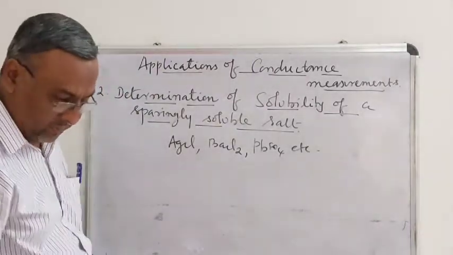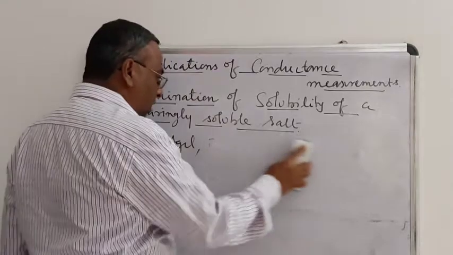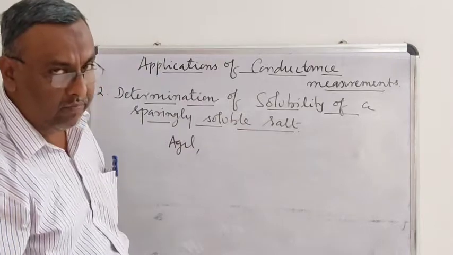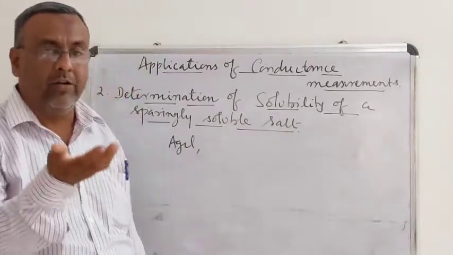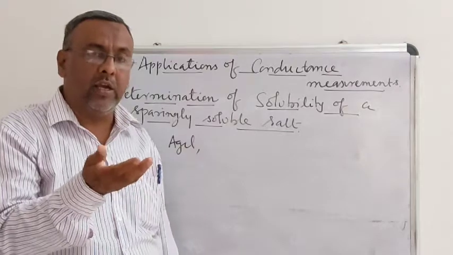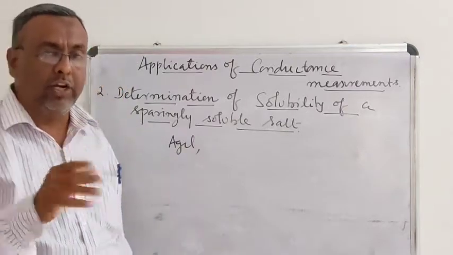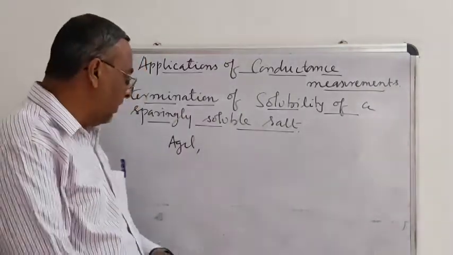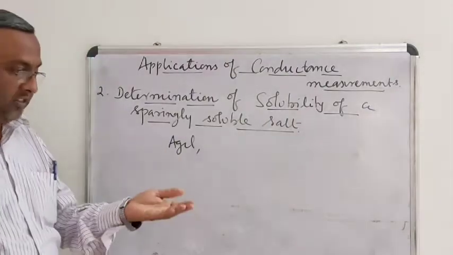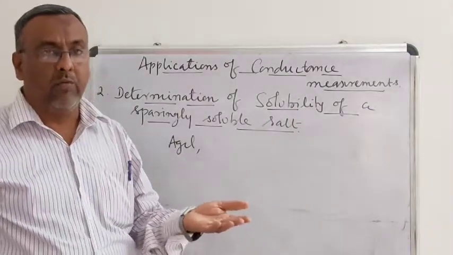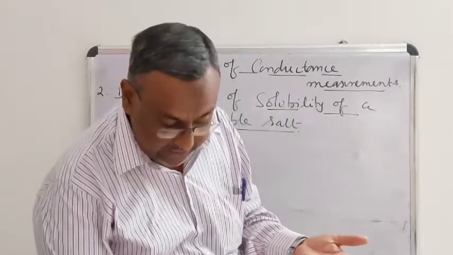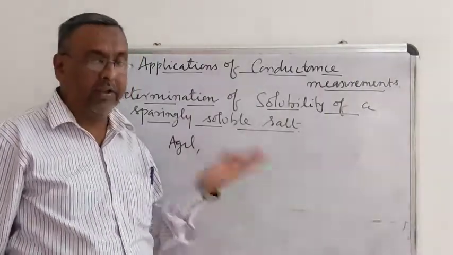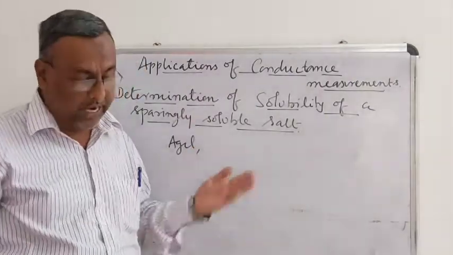Now let us consider silver chloride salt. If you want to find out the solubility of silver chloride, first, since silver chloride is a curdy white precipitate, it is washed with water 2 to 3 times to remove all the soluble impurities. Then this salt is suspended in water for a long time.